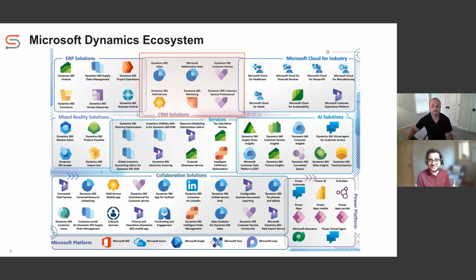And like I said, the third cloud is this Dynamics ecosystem, which is what we're looking at here. Within the cloud, they break it up into, I don't know what the right word is, maybe sections or different business solutions, right? So we're looking at this Dynamics cloud here, and you can see we have ERP solutions. I'm not going to go through all these, but I'll mention a few interesting ones.